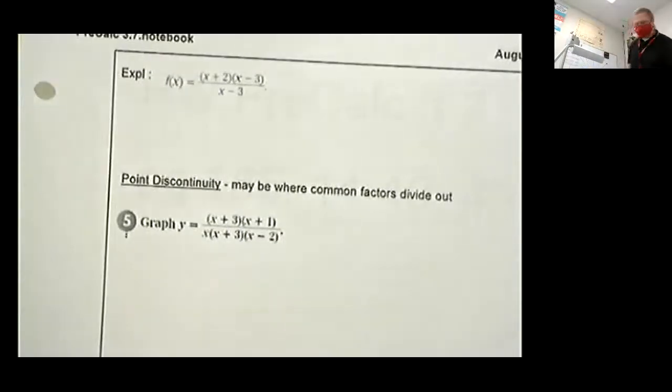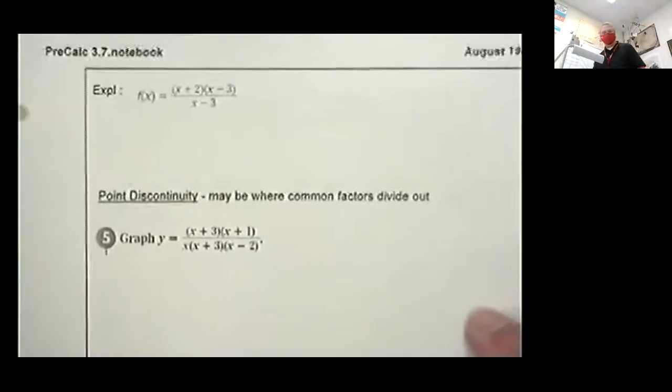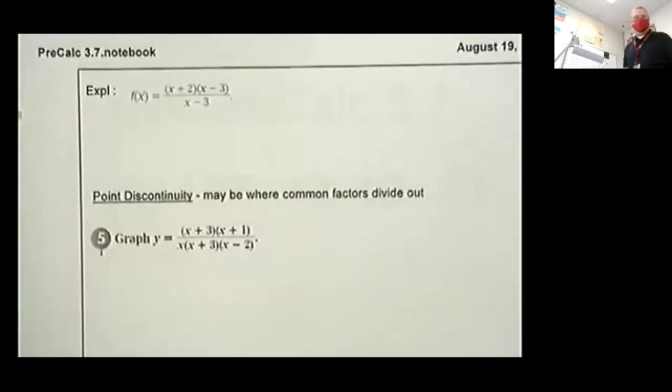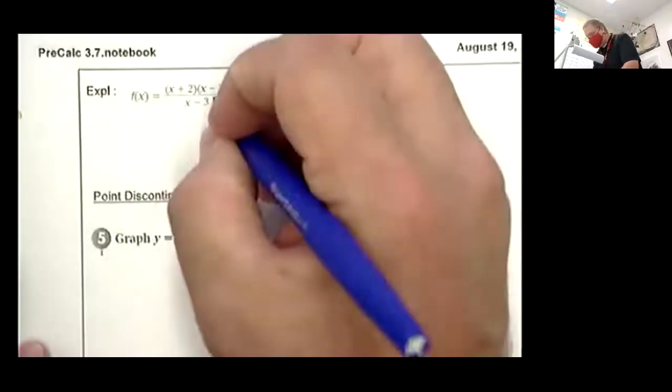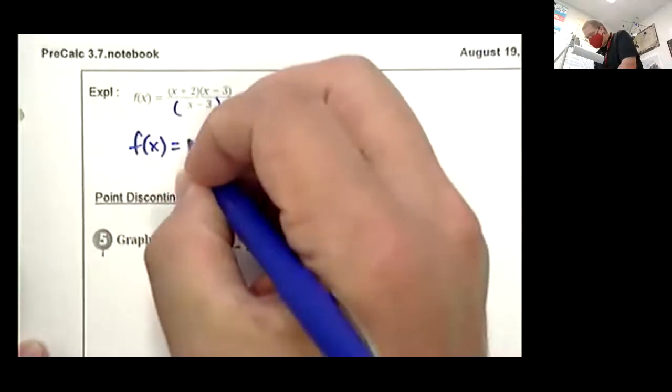Let's look at another example. x plus 2 times x minus 3. Notice what happens here. In the function, there are two x minus 3's. They cancel, right? Because x minus 3 over x minus 3 divides to be 1. So we really get y equals x plus 2.